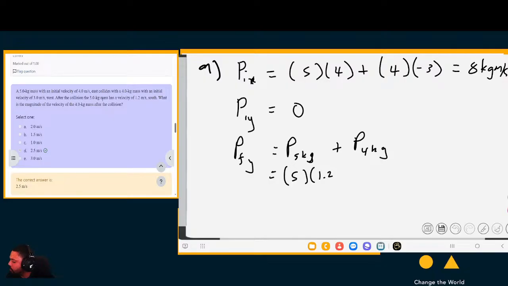So this is for the 4 kilogram block. I'm going to write it this way. So it's going to be 4 multiplied by 1.2. That's the momentum final, and it's going to be south, so let's put a negative there. What is the magnitude of the velocity of the 4 kilogram mass after the collision?